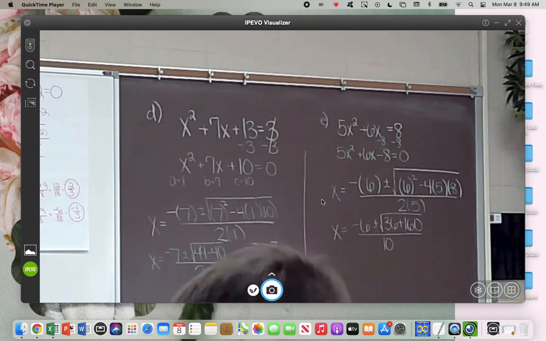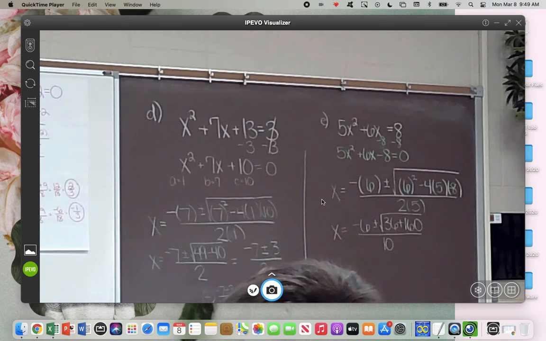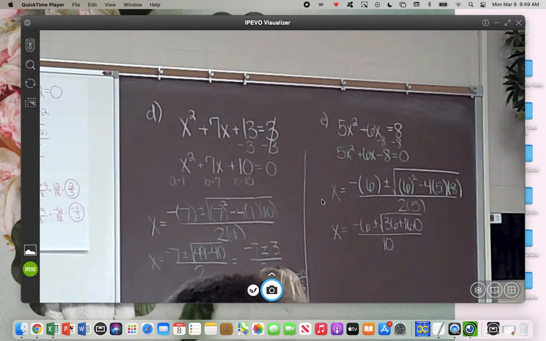Okay, just look at this. What kind of 6 is that in that formula? Negative. Yeah. But when you have to go add and subtract, you have it as a positive 6.